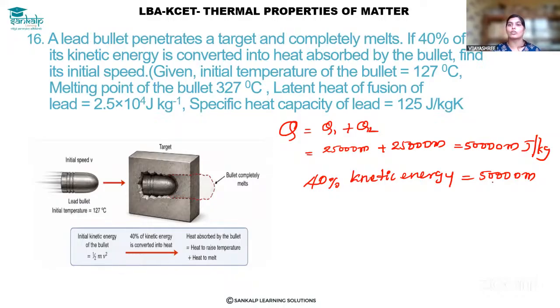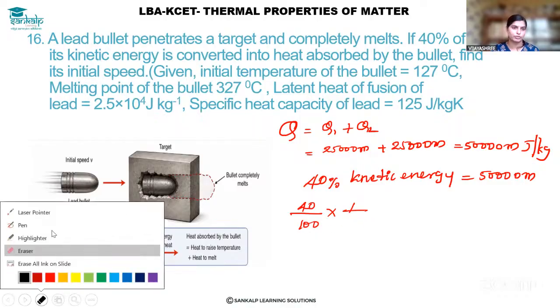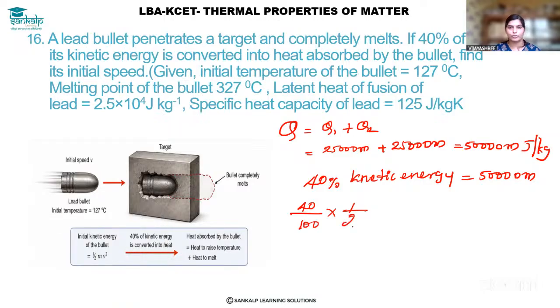Therefore 40% of kinetic energy is equal to 50,000 m ಆಯ್ತು. So 40% ಅಂದ್ರೆ 40 divided by 100 into kinetic energy ಅಂದ್ರೆ half into mv square ಆಗುತ್ತೆ, right? Half mv square. Kinetic energy formula is half mv square.